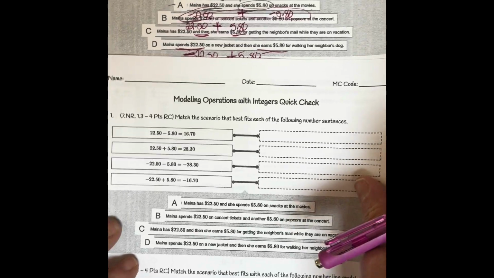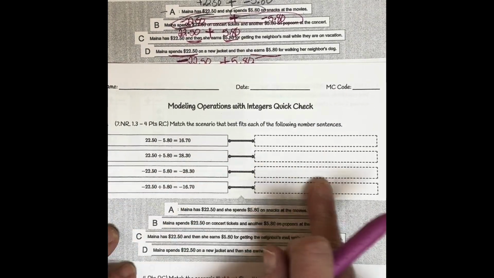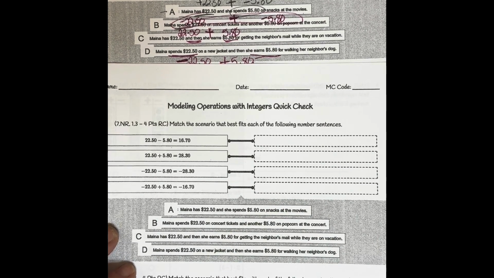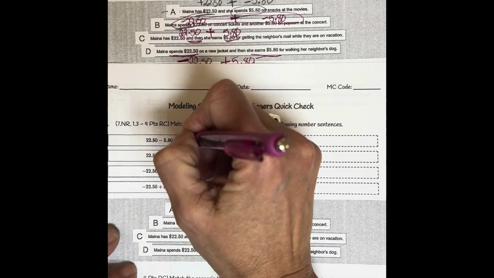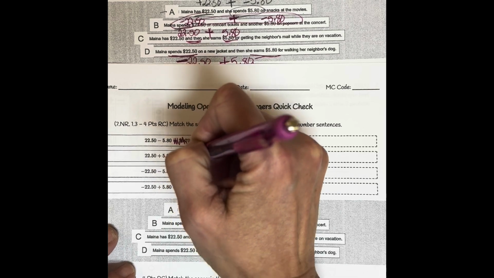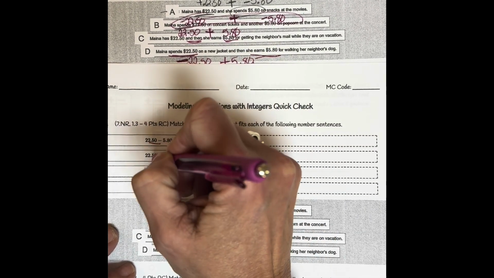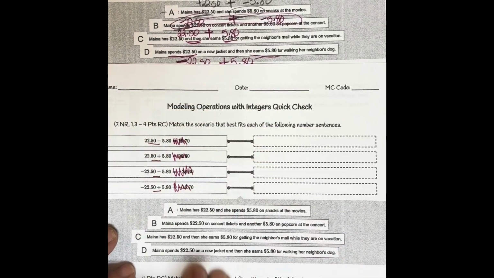On the formative, the top looks exactly the same, but the answer choices are different. And the top doesn't have the answers out here. So on the formative, you don't have this. You just have these. And then you have answer choices down here.